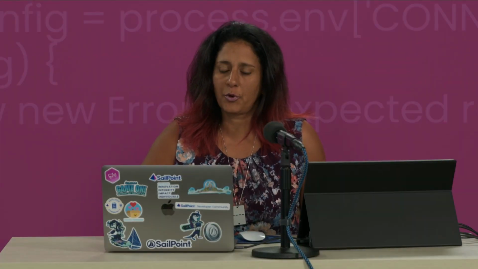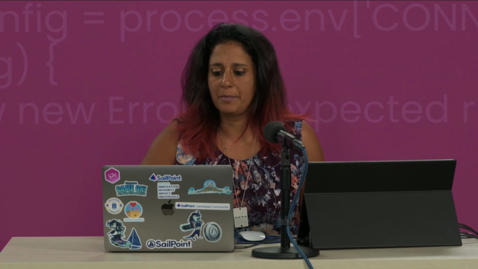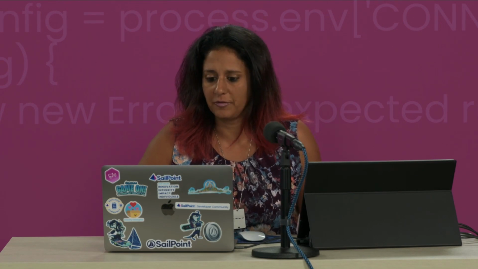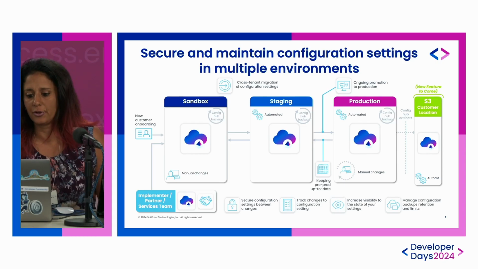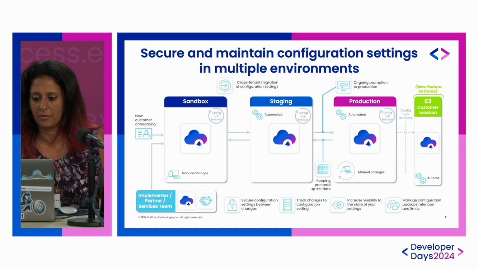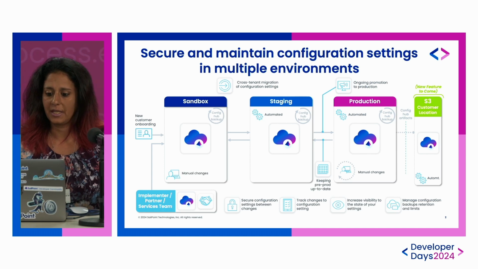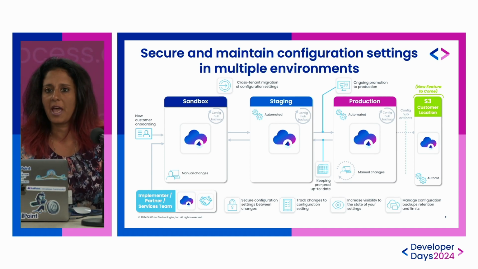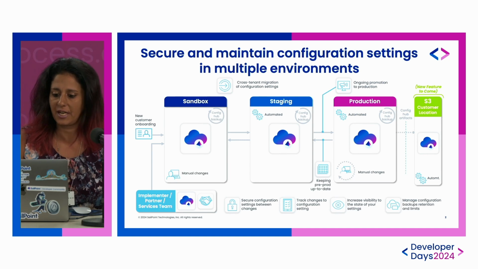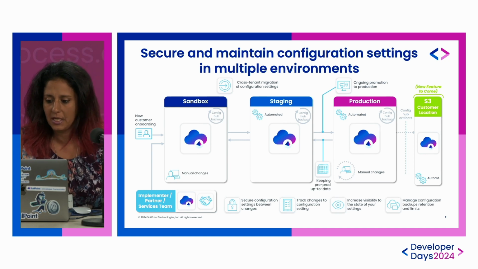So Configuration Hub really, it's a new product, and we built it for a couple of main purposes. One is to secure the configuration settings of the tenants, and another is to help maintaining configuration settings in multiple environments.